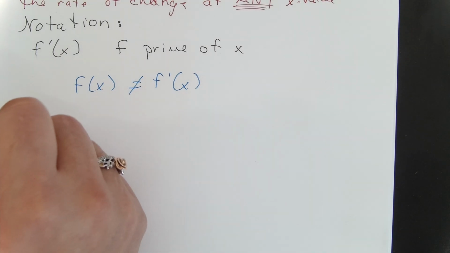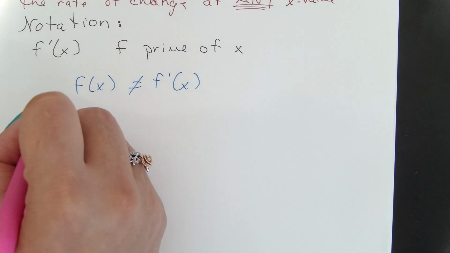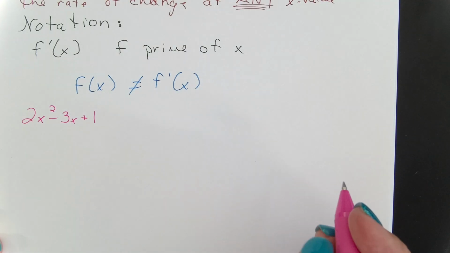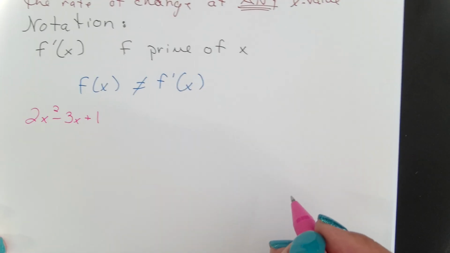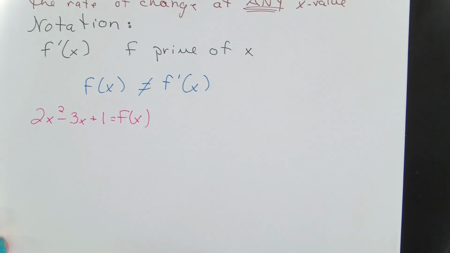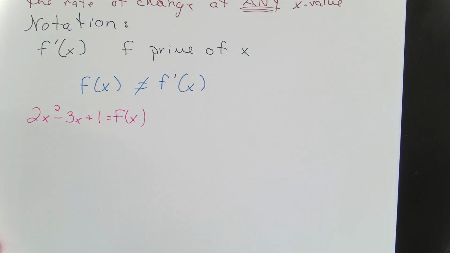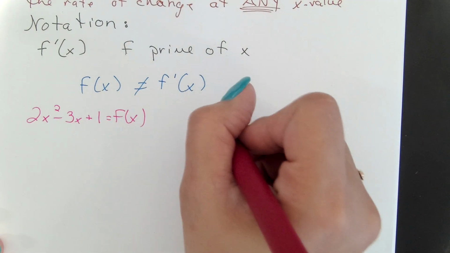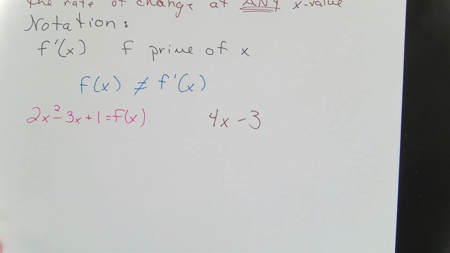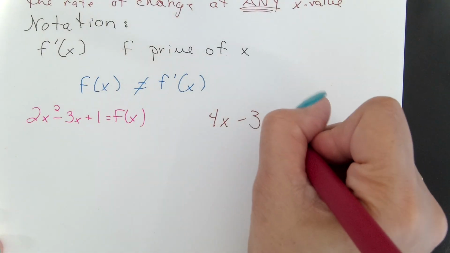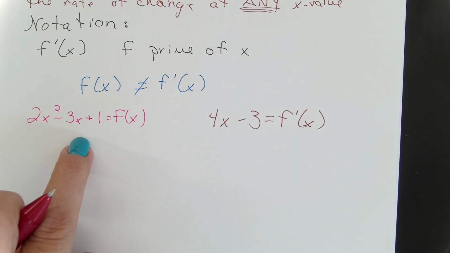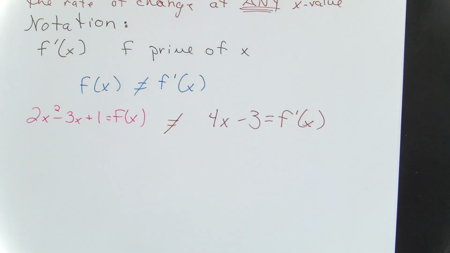So for instance, on those examples, I had 2x squared minus 3x plus 1, I think it was. This was f of x. That other equation that I wrote down was 4x minus 3. This is the derivative of the original function. And as you can see, these two things are not equal.